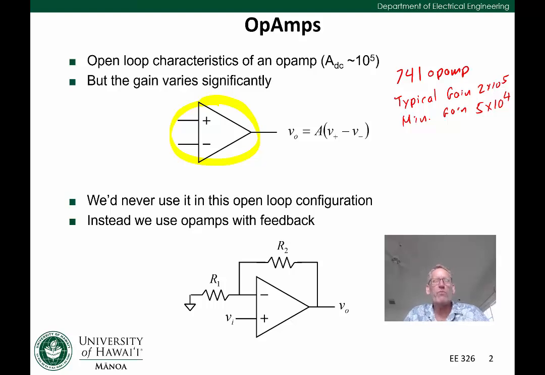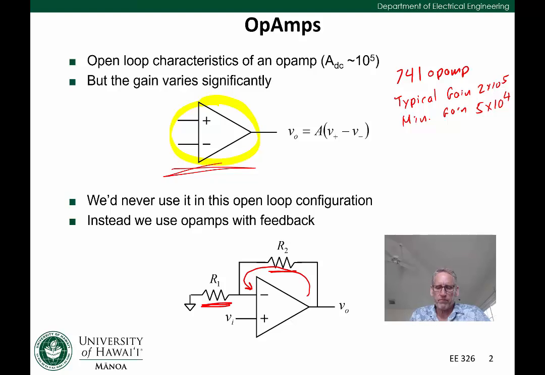So for that reason, when we're building electronics, we rarely use op amps in what we'd consider an open loop configuration, like this. Instead, what we like to do is wrap feedback around it. In the circuit on the bottom, you can see we have resistors R2 and R1. They constitute a feedback path where we can take some signal from the output and feed it back to the negative terminal. In this case, it would be negative feedback because it's going to the negative terminal.